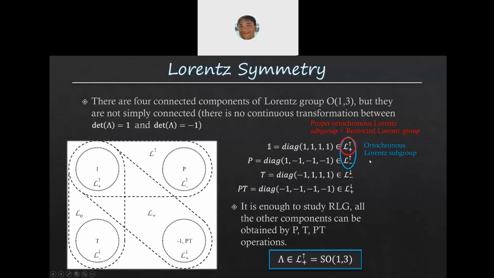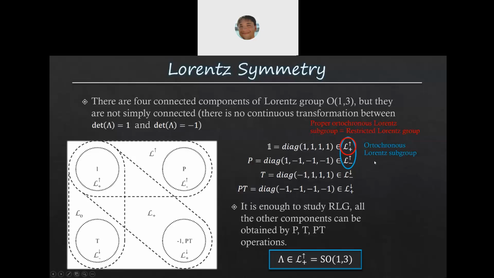What is important is that all of these general Lorentz transformations can be related to this RLG, the red set, which is actually a proper subgroup because it contains the unity element and all the good stuff.